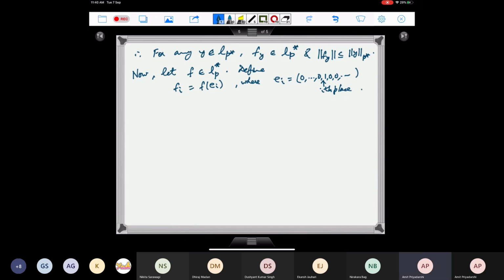So let y be equal to this sequence f_i, f_1, f_2, and so on.